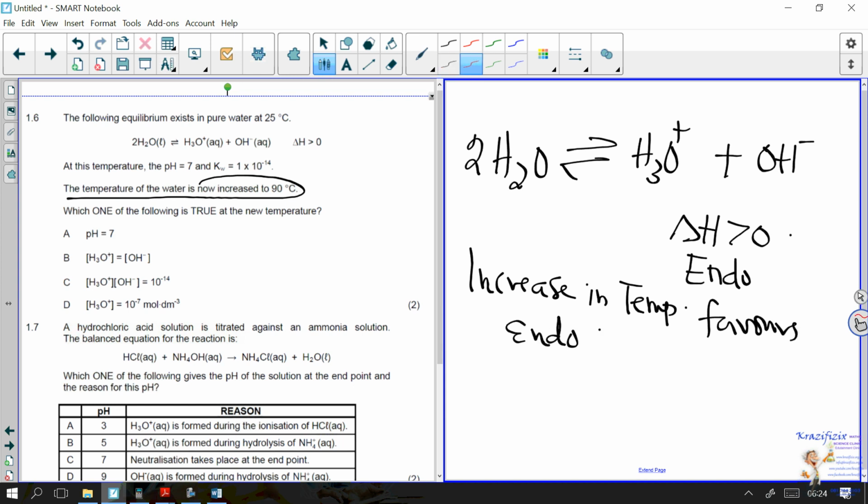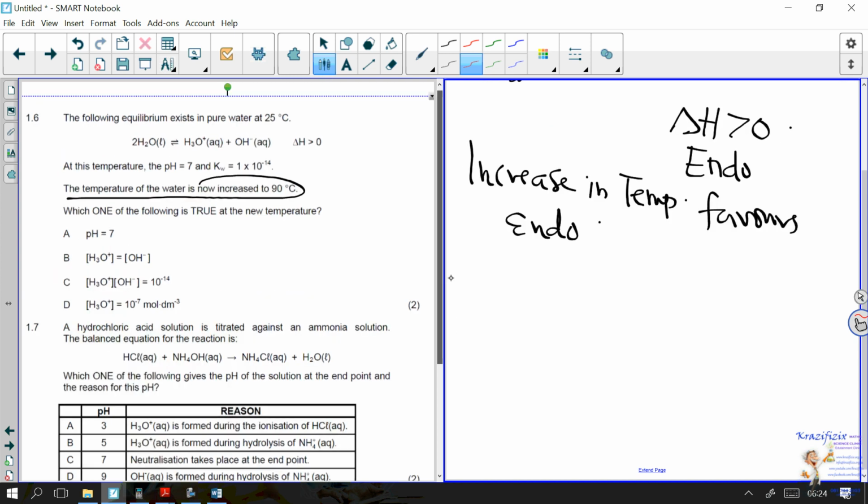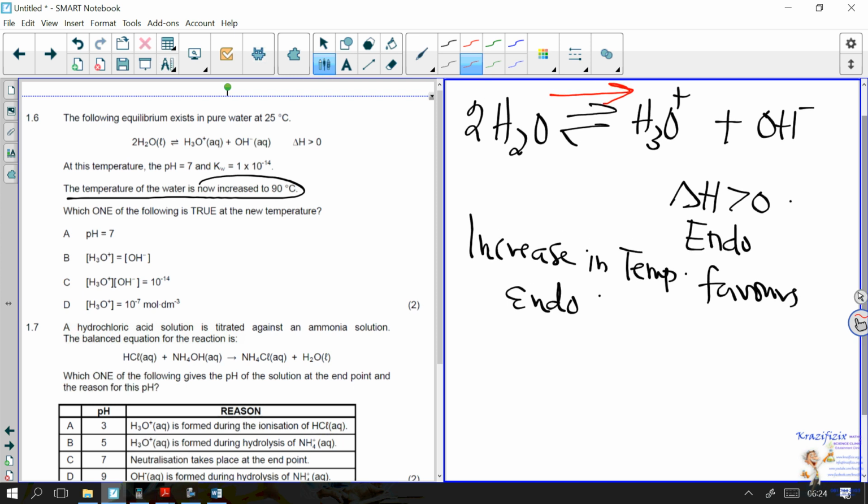That means if we increase temperature, the forward reaction is favored. If my forward reaction is favored, what does it mean? It means my Kw, which is your Kc.